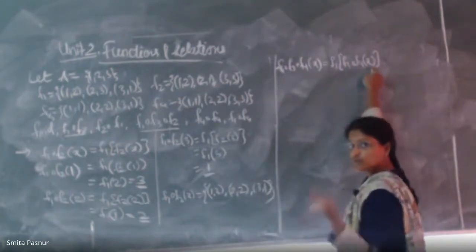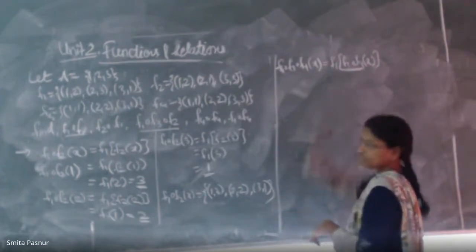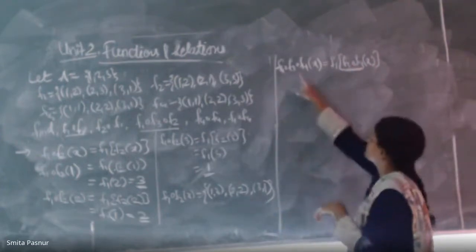Means you have to first find out F3 composition F2, then you will find out this one.